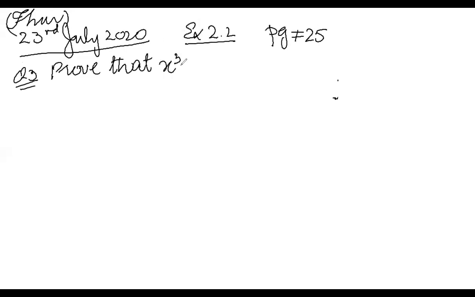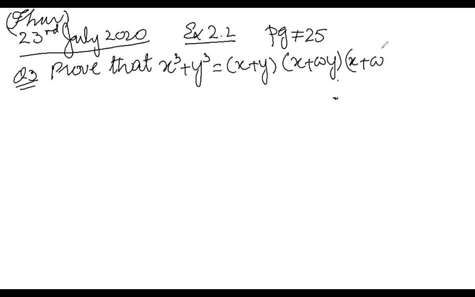x cube plus y cube is equal to (x plus y) into (x plus omega y) into (x plus omega square y).